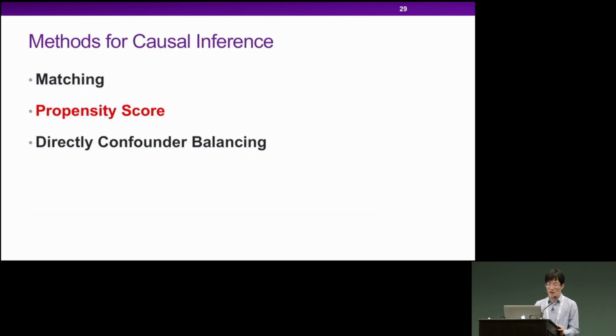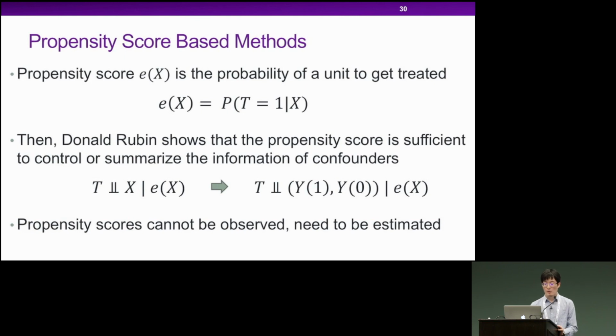The propensity score describes the probability of a unit getting treated, that is, P(T equals 1 given X). Professor Donald Rubin proved that the propensity score is sufficient to control or summarize the information of confounders.